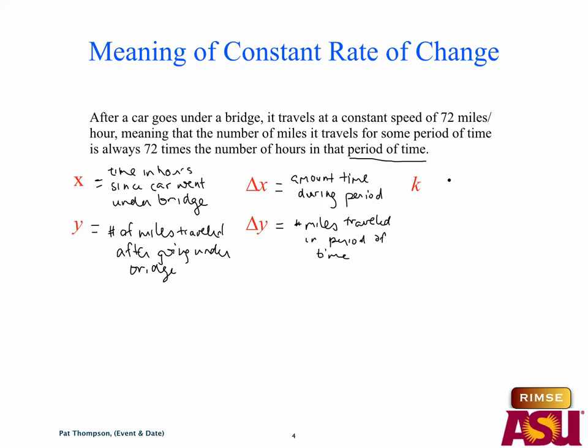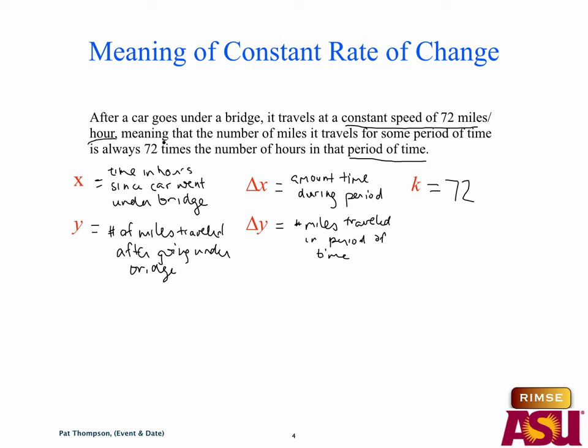Okay, what is K? 72. Where does that come from? The car travels at a constant speed of 72 miles per hour, right?